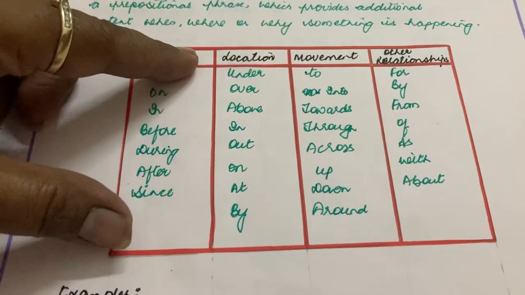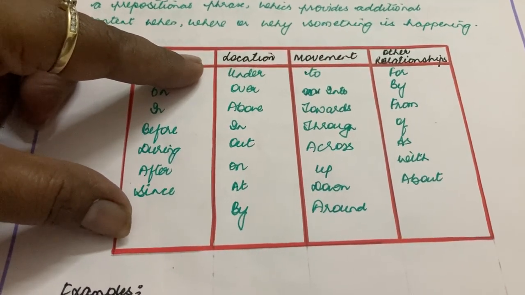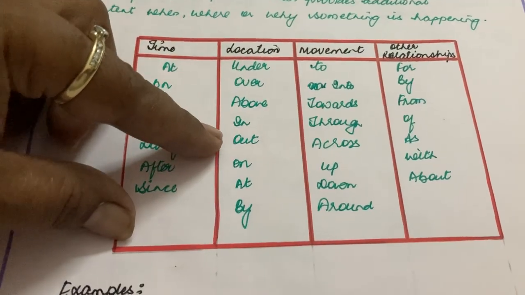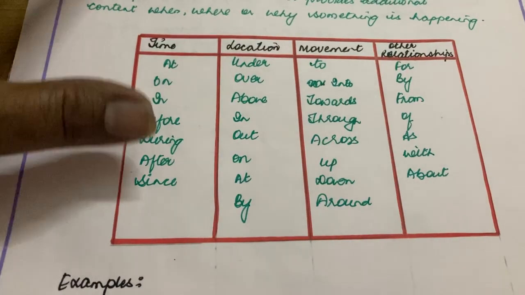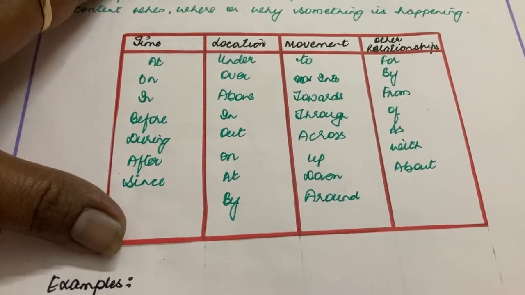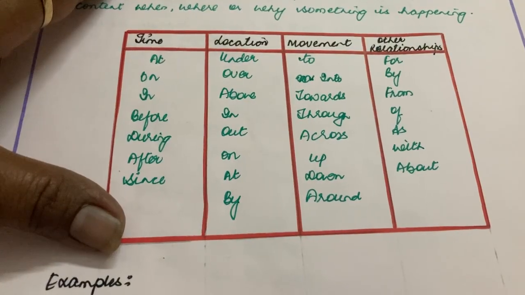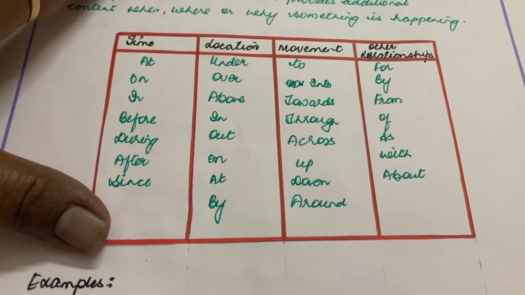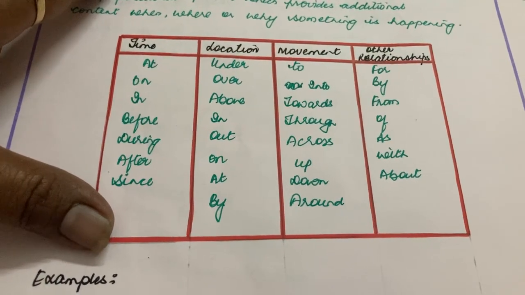Location: when we refer to location, which prepositions do we use? We use under, over, above, in, out, on, at, by. And to signify movement, what do we use? To, into, towards, through, across, up, down, around. And the other relationships are for, by, from, of, as, with, about.